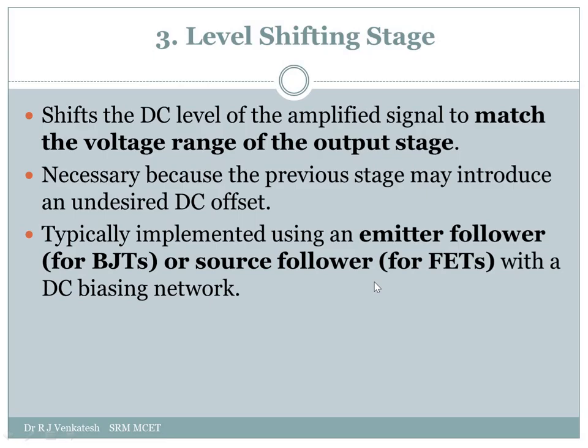Typically, the implementation uses an emitter follower or source follower with a DC biasing network. So the third stage is purely shifting the DC level of the amplified signal to match the voltage range of the output.